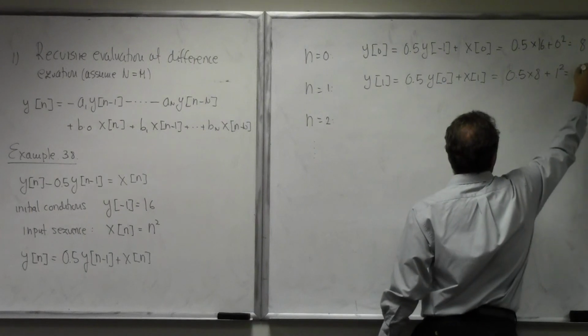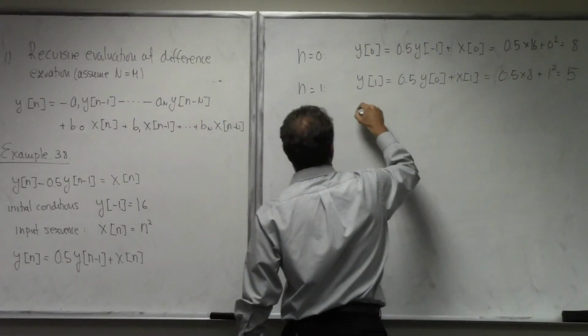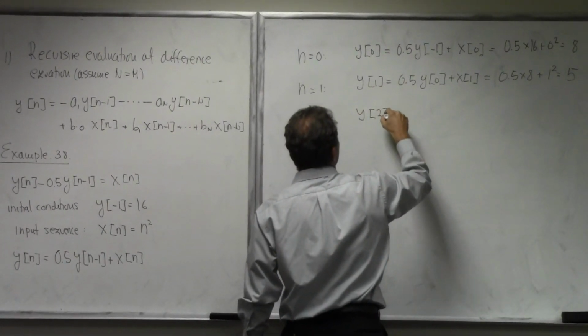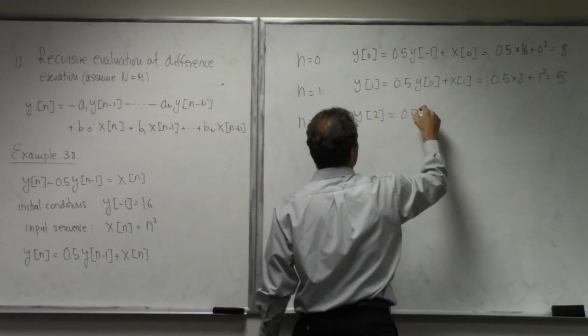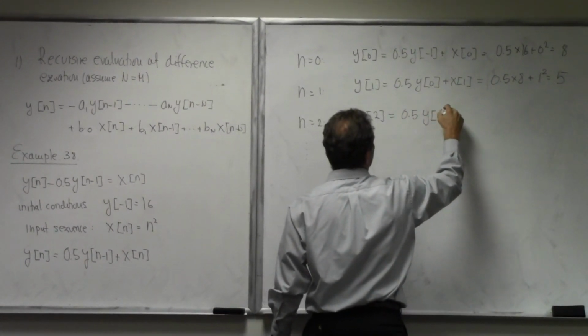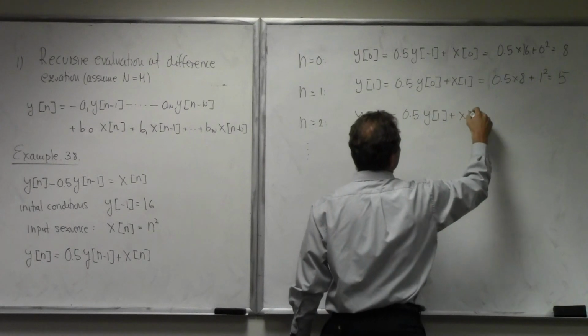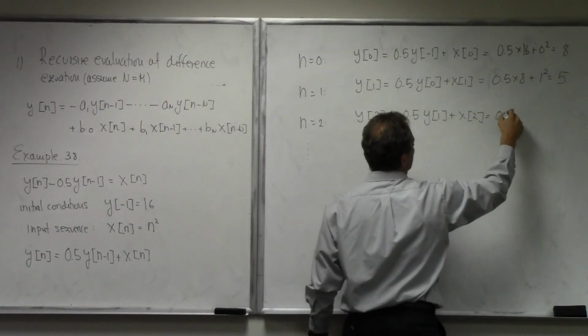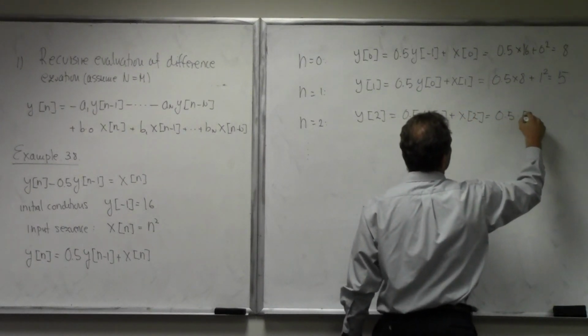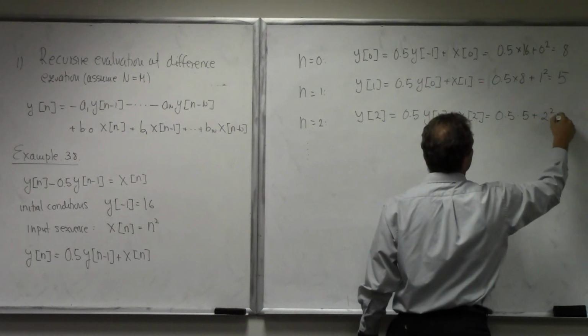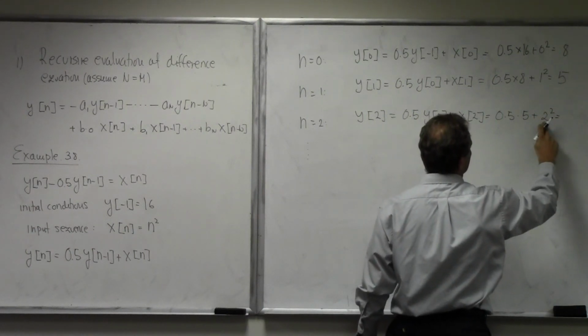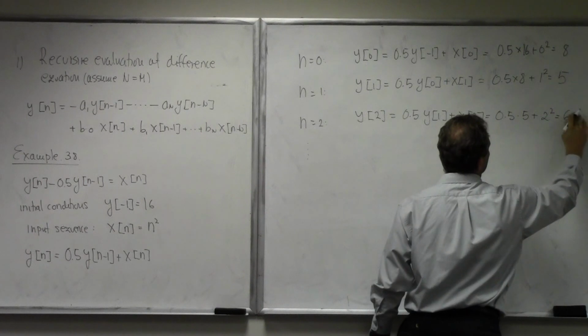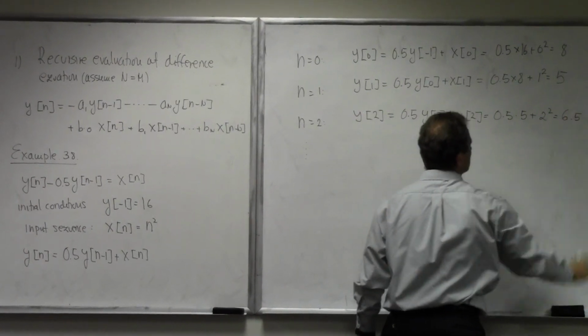So it's 4 plus 1, 5. y of 2 is going to be 0.5 y of 1 plus x of 2, which in this case is 0.5 times 5 plus 2 squared. So this is 2.5 plus 4, 6.5, and so on.